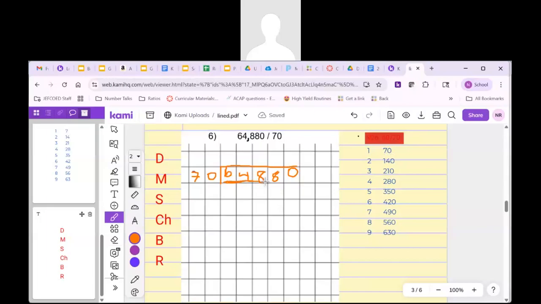So you're going to have to go all the way over here to 648, which means I should have a 0 here because I couldn't divide 6, a 0 here because I couldn't divide 64, and now I'm at 648. So let me go in my fact box. Whoa! 648 is a little more than the biggest number I have here, 630, right? So I'm going to have to use the 9.